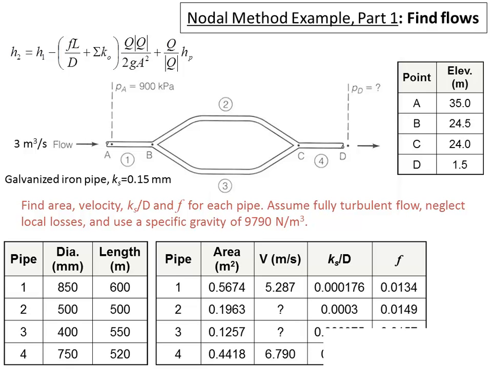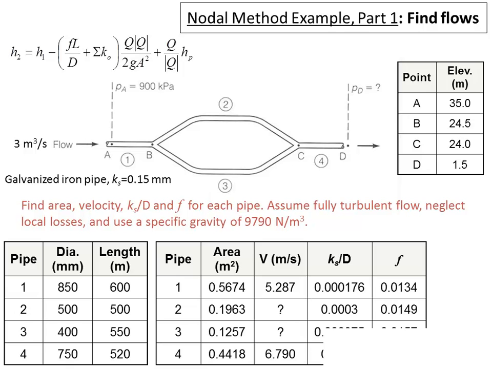We could have also written it in terms of V3. Either one would work; it doesn't matter which. In this case, solving for it in terms of V2, canceling out the 2g that's in both the numerator and the denominator, and substituting in all the known values for the diameter, friction loss parameter, and pipe length, we get the velocity at 2 in terms of the velocity at 3.